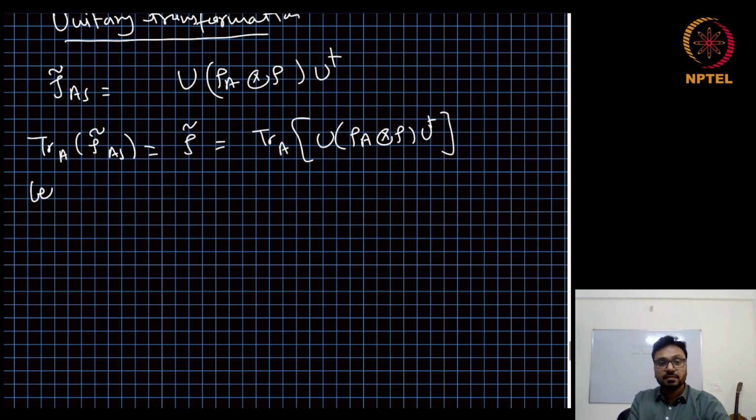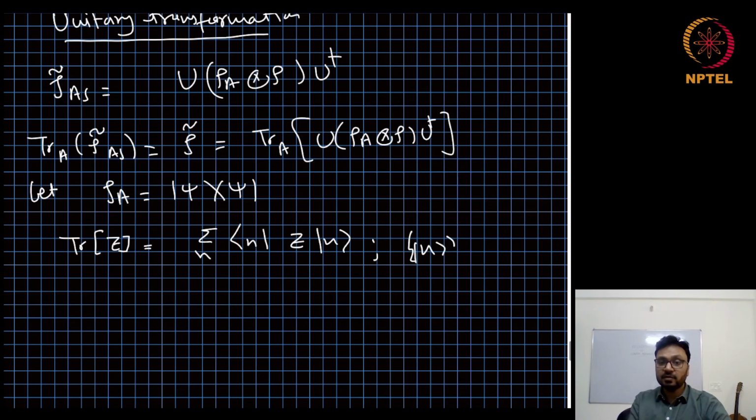Let us assume that rho A is a pure state, and let us remember that the trace over an operator Z is sum over n of n Z n, where n is an orthonormal basis. So we use these two and we get rho tilde to be sum over n.